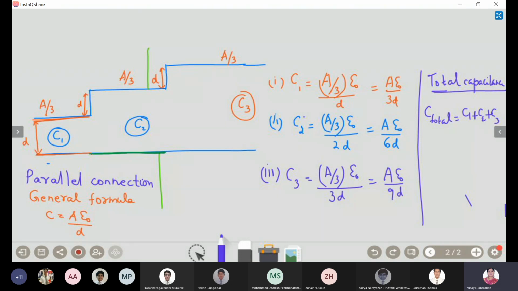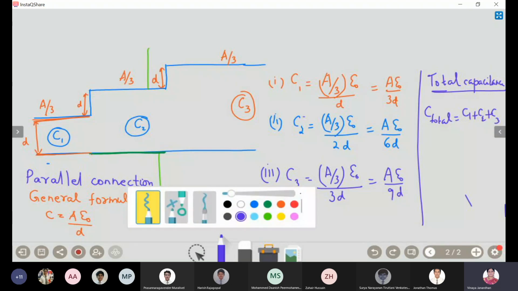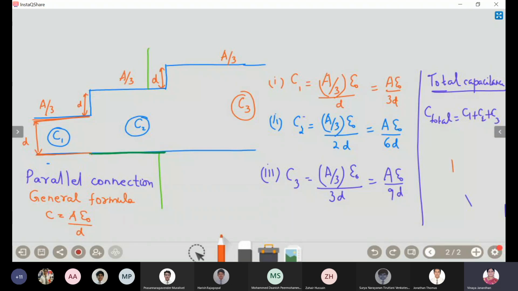Just let me know whether we have done numericals like this. I'm just drawing a rough diagram. Have I done numericals for you this way? No, right? Calculate, boys. What is the answer? 11?